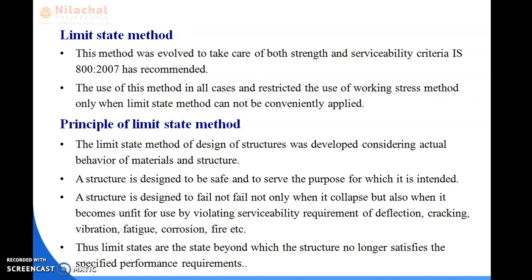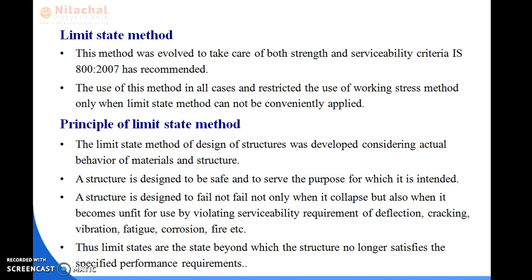The next and third design method is the limit state method. This method evolved to take care of both strength and serviceability criteria by using the code Indian Standard 800-2007.